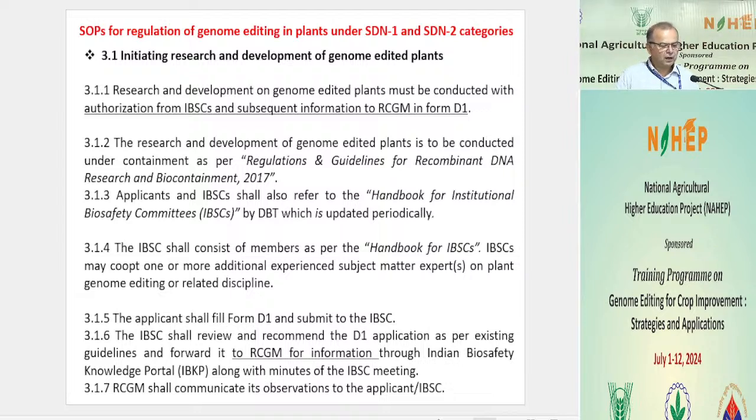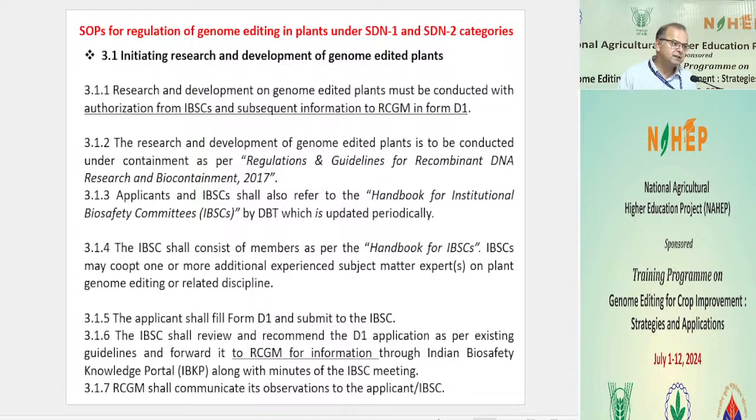Then you start your experimentation, but while carrying out the experimental procedure, you are under the obligation of the Regulations and Guidelines for Recombinant DNA Research and Biocontainment 2017.